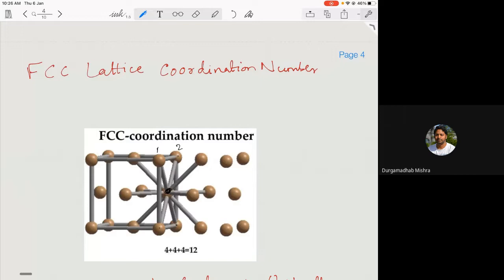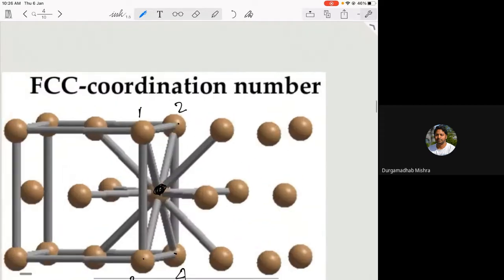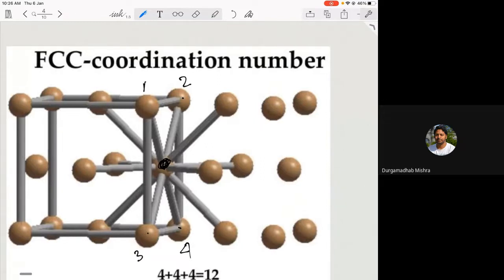1, 2, 3, 4, then 5, 6, 7, 8, and then you also have some neighbors in the adjacent cube as well. So you have then 9, 10, 11, 12.